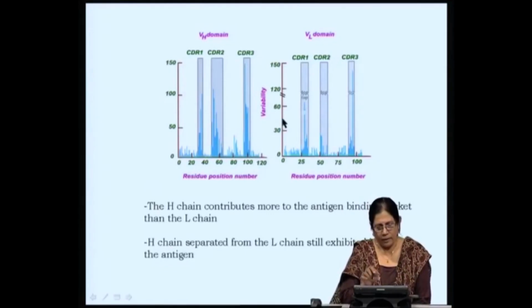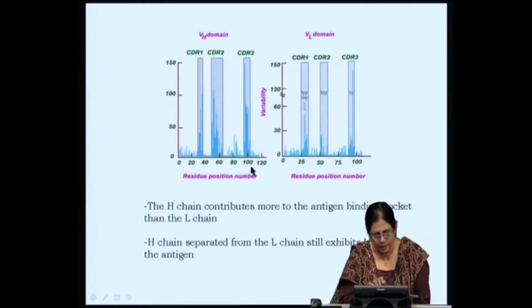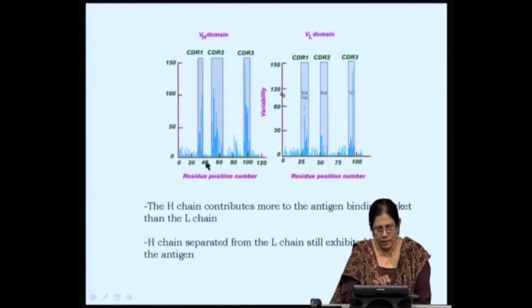Now, they made these graphs by putting the amino acid number on the x axis, and then they tried to look at how different the amino acid is at that particular residue number. So, the y axis shows the variability, which would mean that the peaks that you can see here indicate positions of high variability.